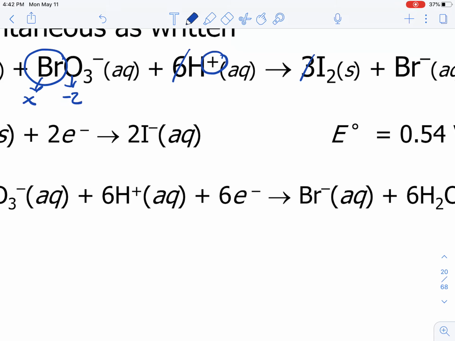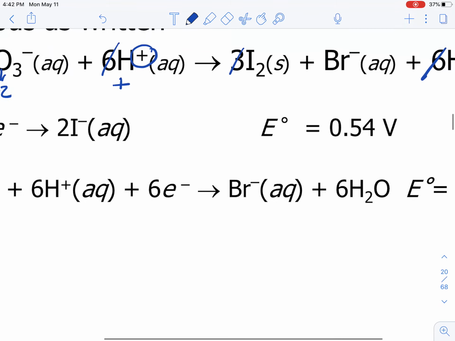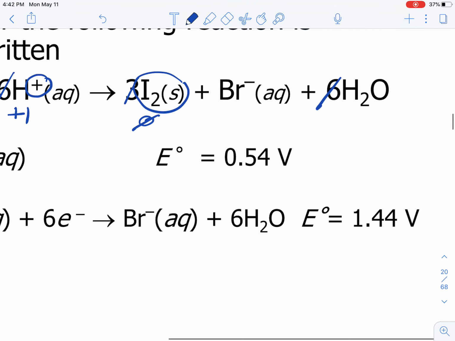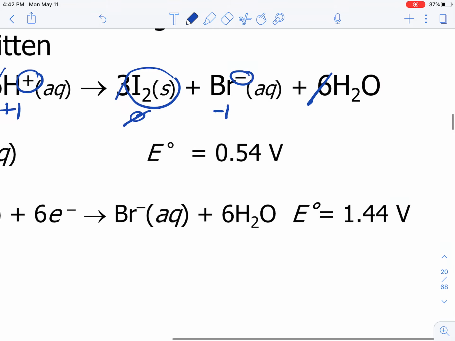Hydrogen ion is going to be +1. Here we have diatomic iodine in solid form, so we know that it's going to be 0. Since this bromine is by itself, its charge is going to reflect the oxidation number. Hydrogen is going to be +1, and oxygen that's not in a peroxide is going to be -2.